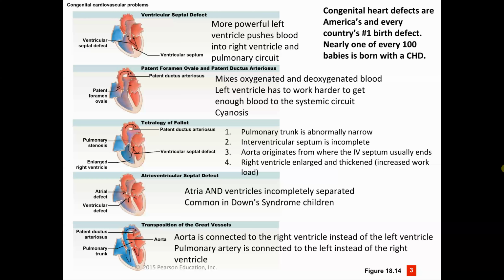And anytime you get mixing of oxygenated and deoxygenated blood, you do normally, but anytime you get more than normal, then the heart has to beat harder and more frequently to deliver the same amount of oxygen that it normally does. So same thing here, if you have an open or patent foramen ovale or an open ductus arteriosus, you have mixing of oxygenated and deoxygenated blood, and the heart has to work harder to get enough blood into the system and circuit. And this is often diagnosed once the baby is born if they look blue.